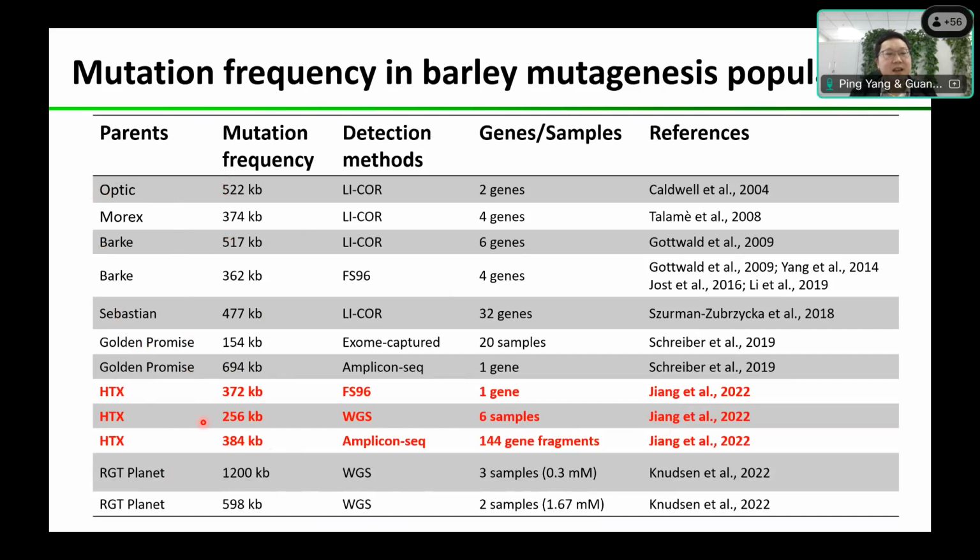With our result, the HTX population mutation frequency would be around one mutation per 250 kb. That means we believe this is one of the best mutagenesis populations that can be used to support our future study.